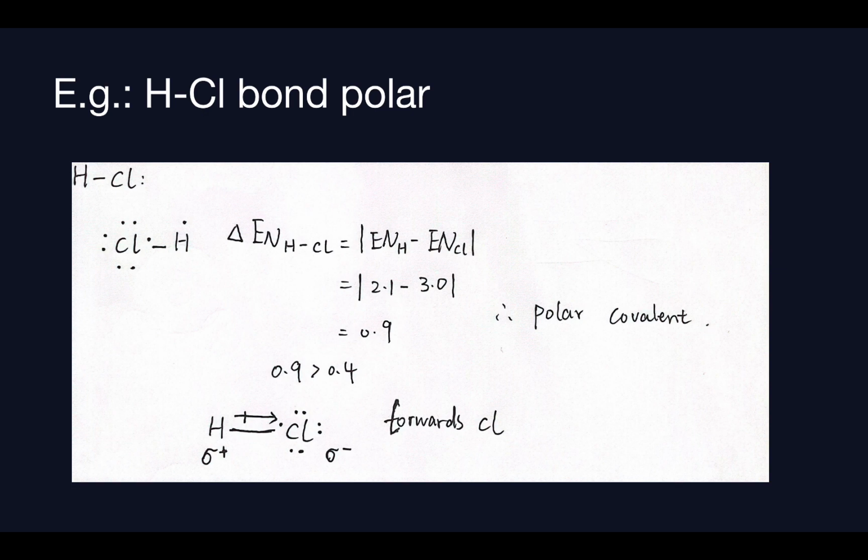Because the electrons tend to move towards chlorine, delta minus should be labeled below chlorine, and delta positive should be labeled below hydrogen, because it donates the most electrons, the negative charges.